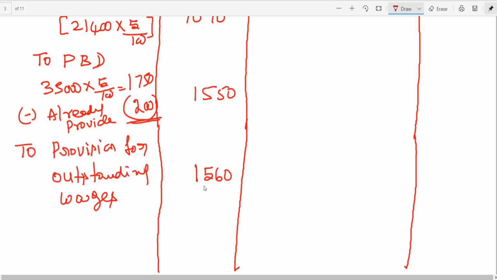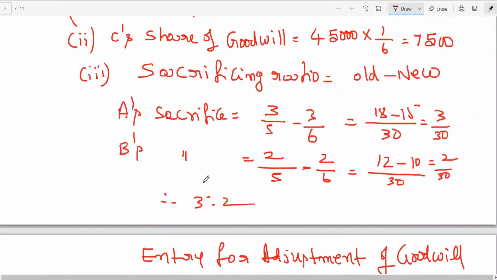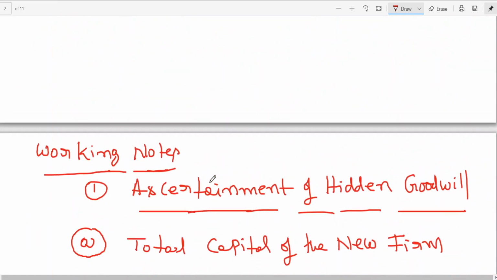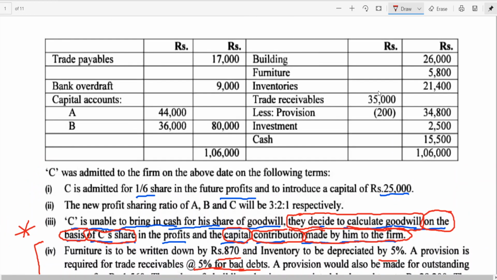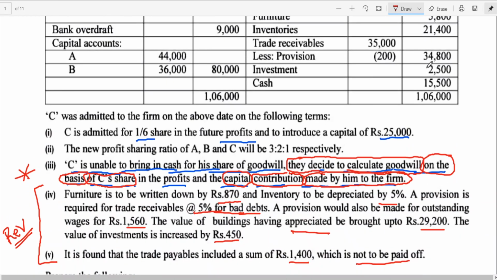Okay, then you can see the value of building having appreciated, brought up to 29,200. I think these sentences you can see here. Appreciated, brought up to. See, building 26,000, no?